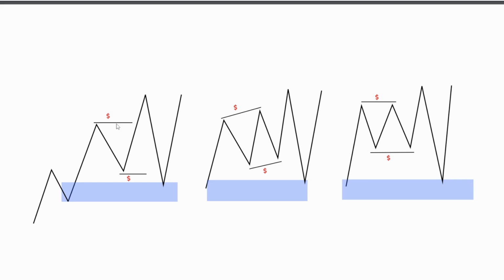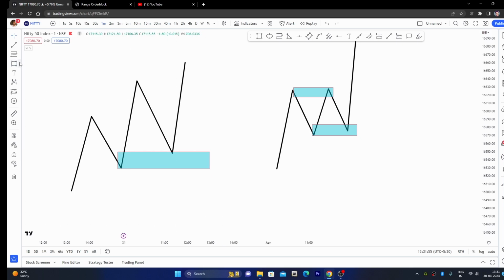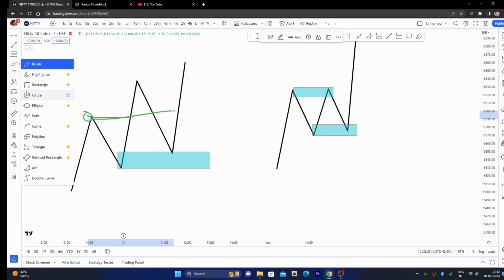So what we need to understand is why price behaves like this. Because of what people are thinking over here. For example, if price was creating a higher high over here, and there was a structure break, price was going to the upside, and there is an order block over here.